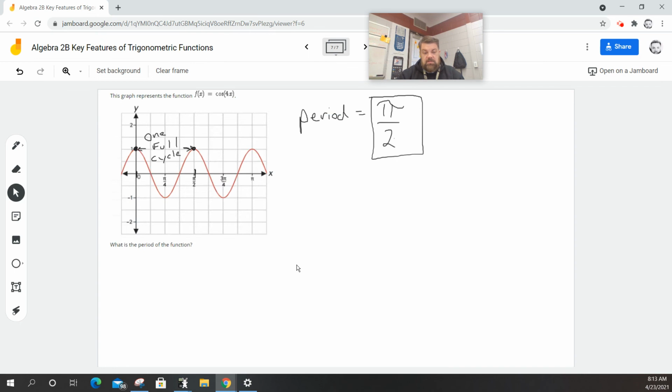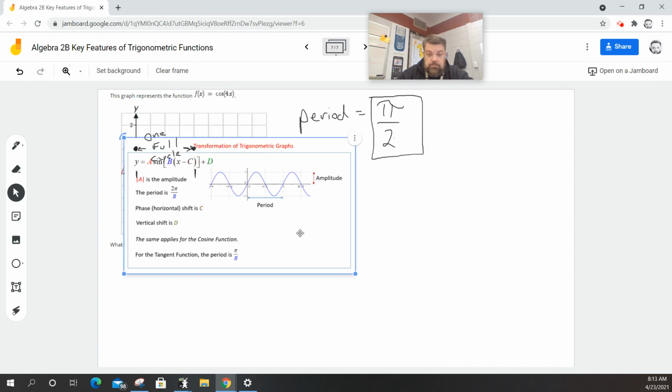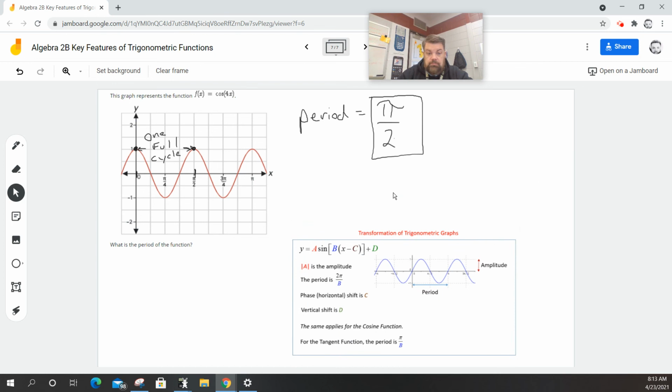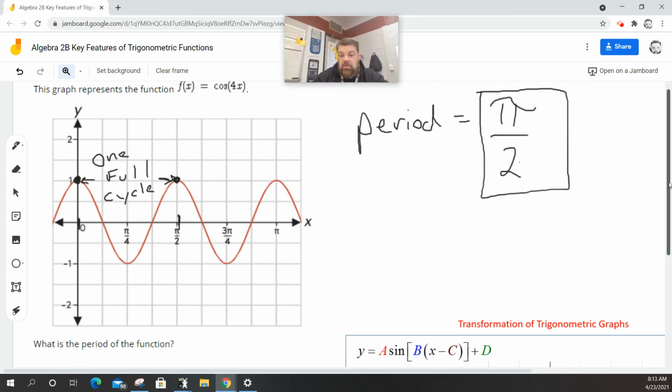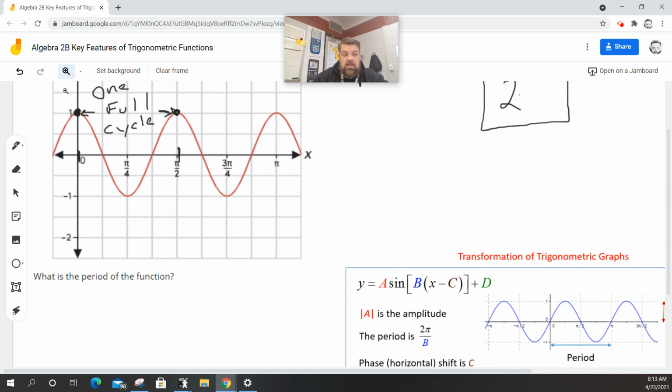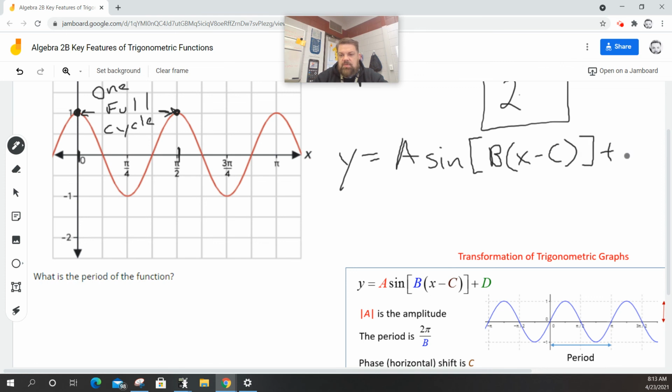So graphically, we're able to just look and see when the pattern repeats itself. But we could also do it algebraically. So according to this, y is equal to, this is the standard form of a transformation of a trigonometric function, where if we have b times the quantity x minus c plus d, these are all the things we could do.